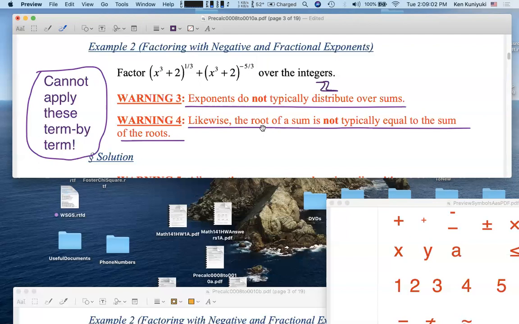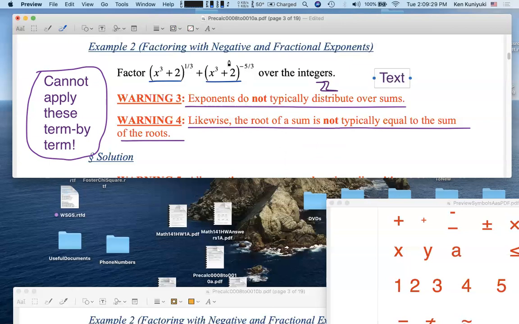Now, one thing we can do is use what S word, because of the fact that we have twins here. We have x cubed plus 2 as the common base for these two powers. What technique, what S word might we want to use? In fact, you may be more clever than I am, because when I first typed these notes, I didn't realize I could do this.